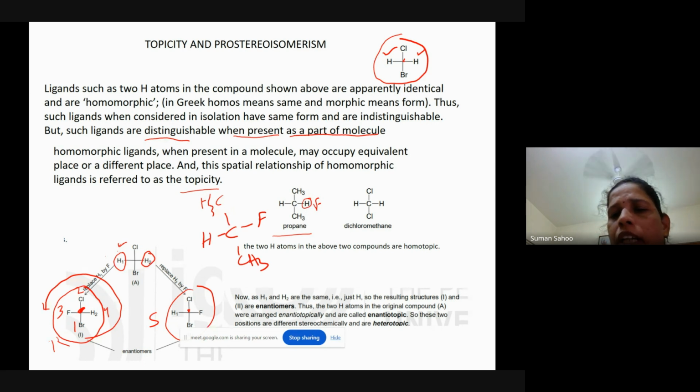So these two hydrogens give the same compound, so they are homotopic. When these two hydrogens are replaced by other groups and give different stereoisomers, they are known as heterotopic. And in this case, these stereoisomers are enantiomers, so those are known as enantiotopic.